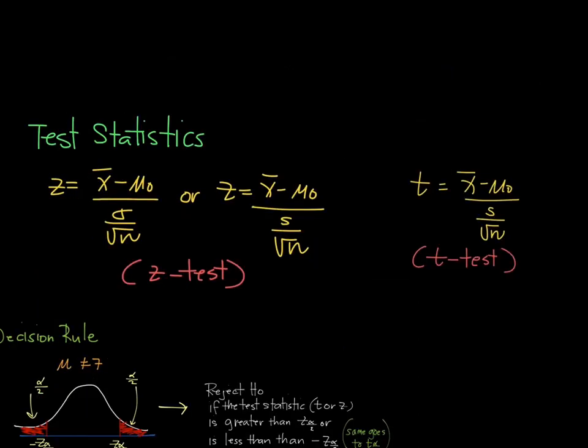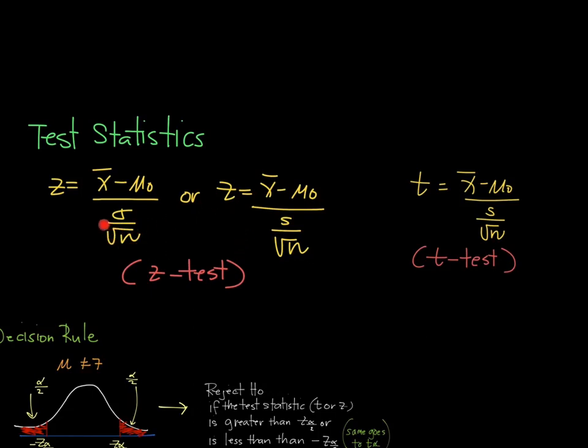In the previous step, step number 2, we learned the different formulas in finding the test statistic. Now, the test statistic will depend on the information about the population standard deviation and the sample size. Again, if the population standard deviation is known, then we simply use the z test statistic, and it will have a formula of x bar minus mu sub 0, the hypothesized mean, divided by the population standard deviation over the square root of n.